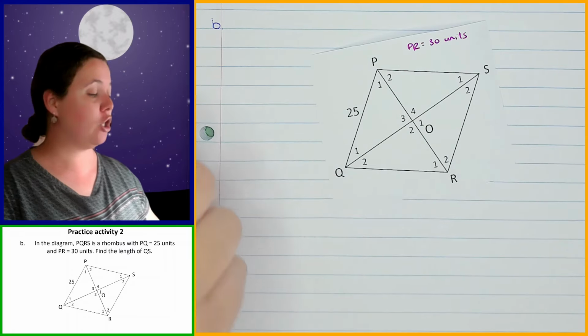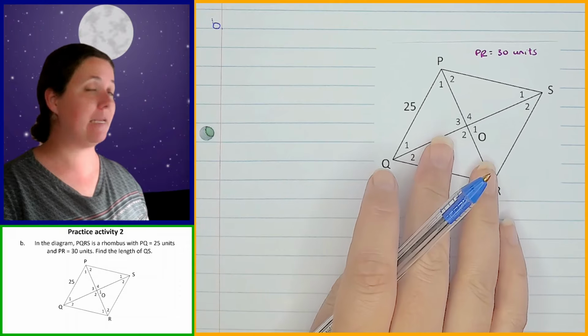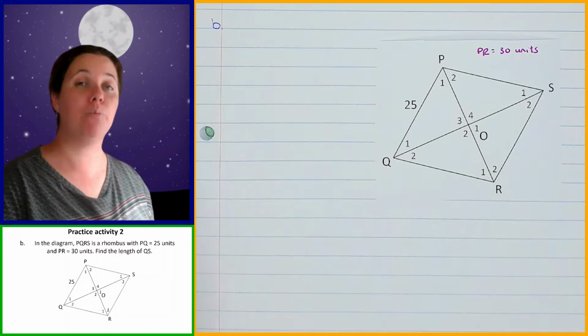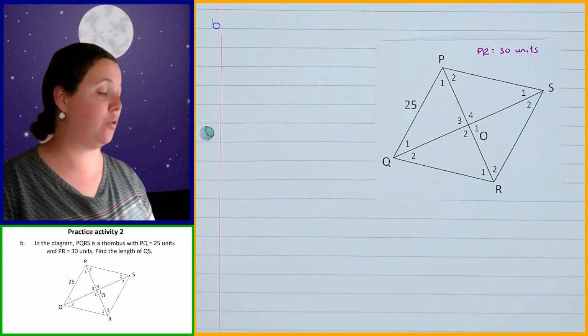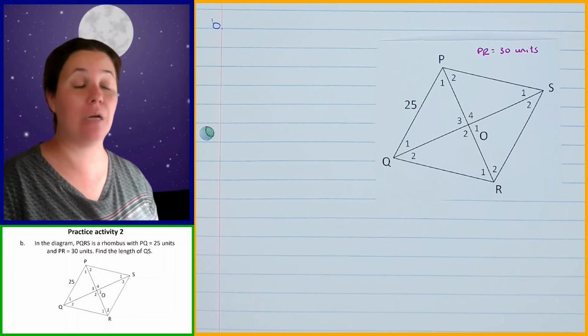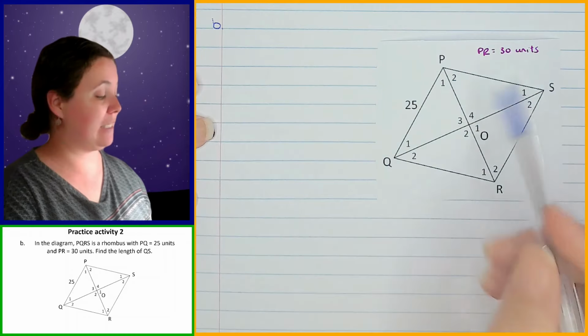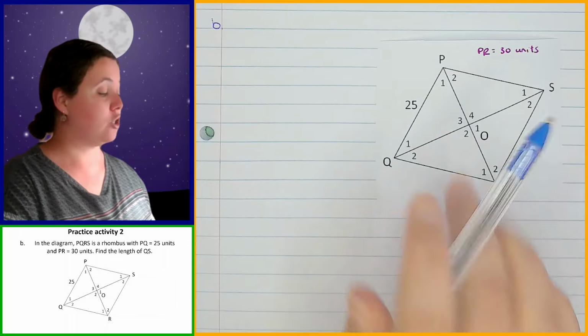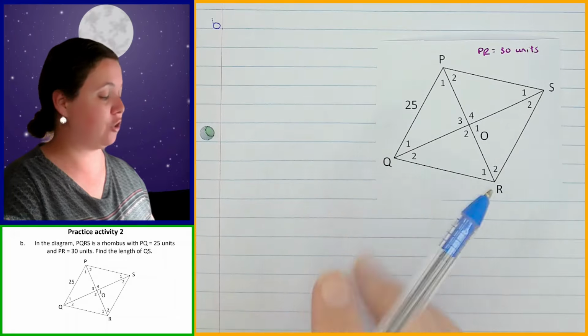So I'm going to start off by saying what I can about the diagonals here that will help me to actually work out the length of QS based on the fact that this is a rhombus. First of all, I'm going to say that these are perpendicular to each other because that is why I'll be able to use the Pythagorean theorem. So PR is perpendicular to QS.